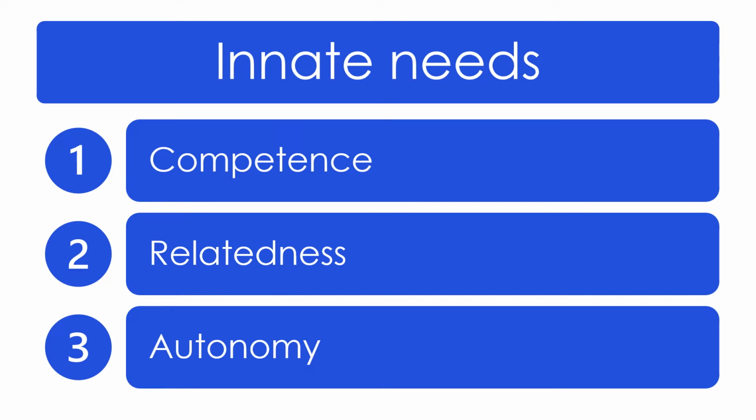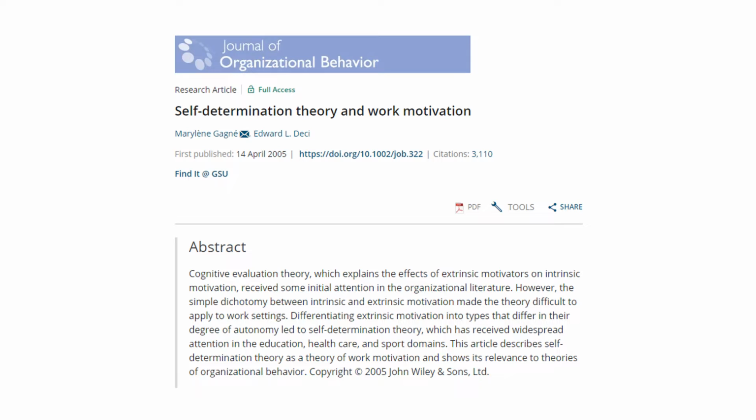The innate needs mean that those needs are innate, not learned or socialized into us, and they are shared by all humans. When the three innate needs are satisfied, intrinsic motivation is activated, and the key behavioral and attitudinal outcomes emerge.